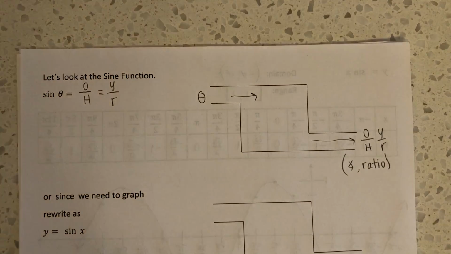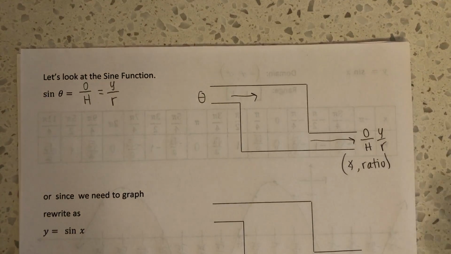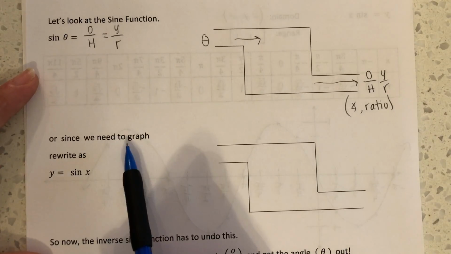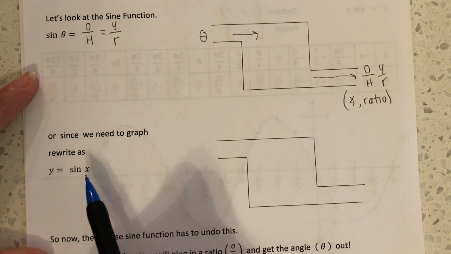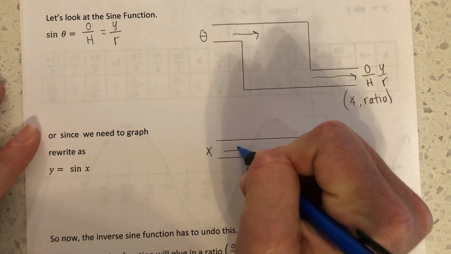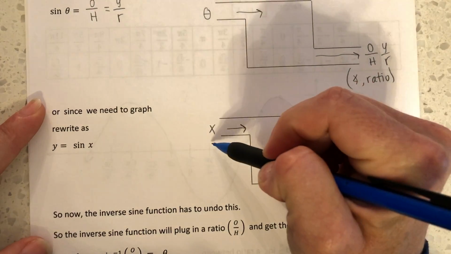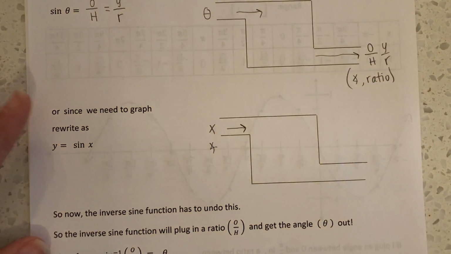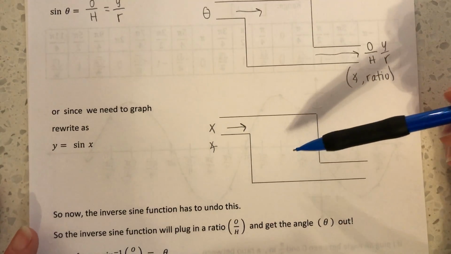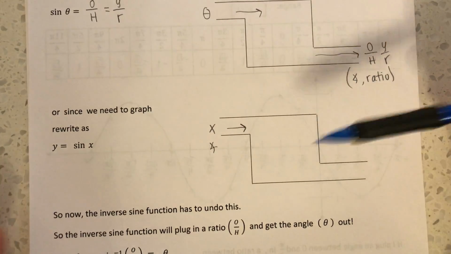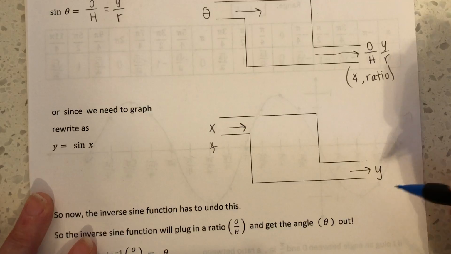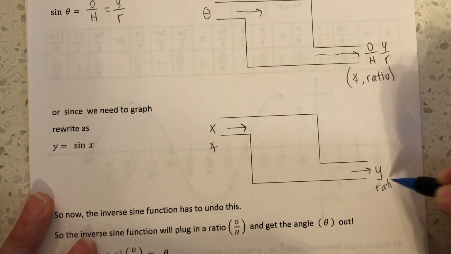Well, again, we have to do this in terms of X and Y to be on the graph. So instead of theta and O over H or Y over R, let me rewrite this as Y equals sine X. So X is going to go into the sine function, but he's still going in as an angle, all right? The sine function will take the sine of that angle, which will relate the measure of it to the ratio of two side lengths. So Y will come out, but he's coming out as a ratio, okay?